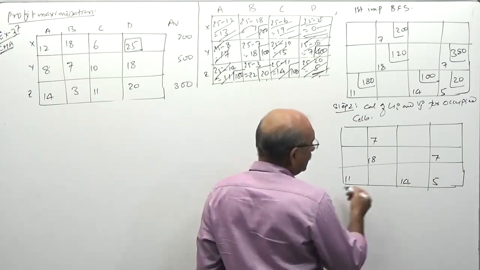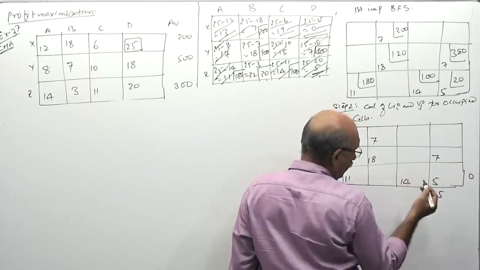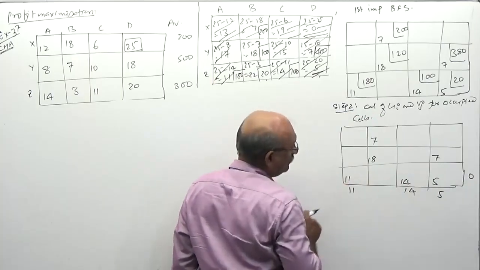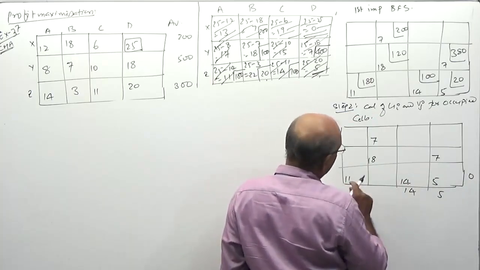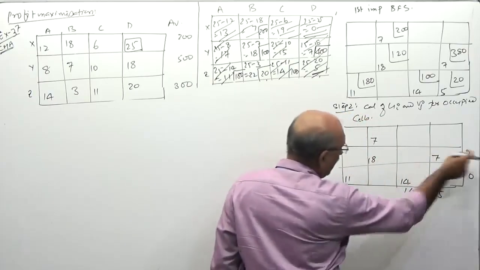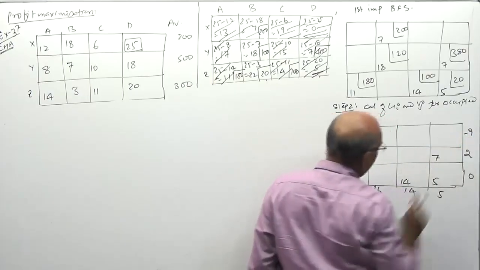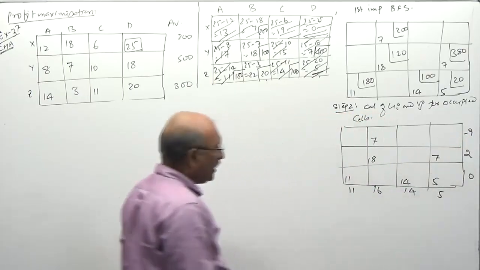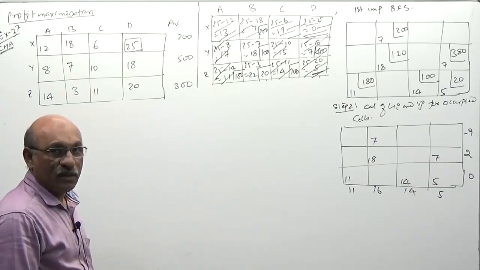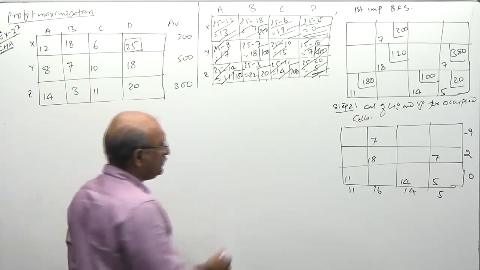Now putting 0 here, 5 minus 0 is 5, 14 minus 0 is 14, 11 minus 0 is 11. Next, 7 minus 5 is 2, 18 minus 2 is 16, 7 minus 16 is minus 9. So a unique set of Ui and Vj values is obtained.